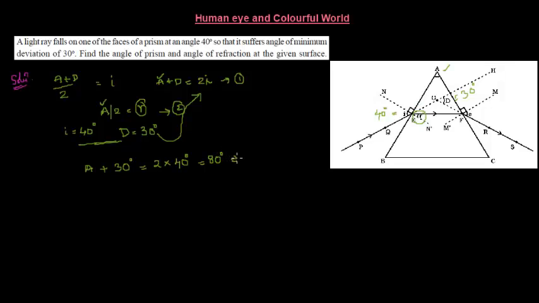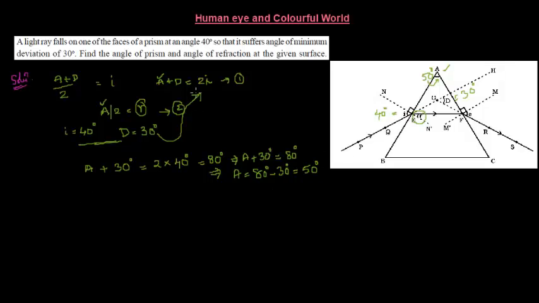That means A plus 30 degrees is equal to 80 degrees. That means A is equal to 80 degrees minus 30 degrees, which is equal to 50 degrees. So I am writing here A is equal to 50 degrees.